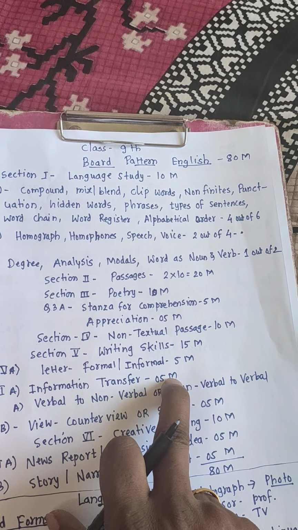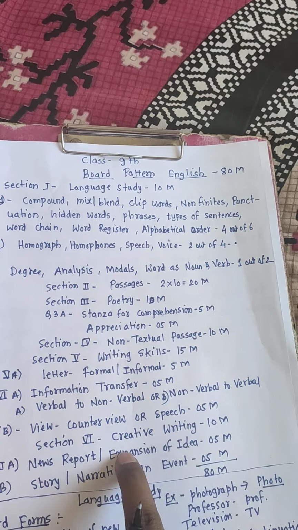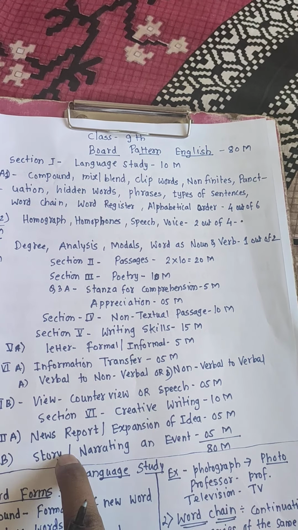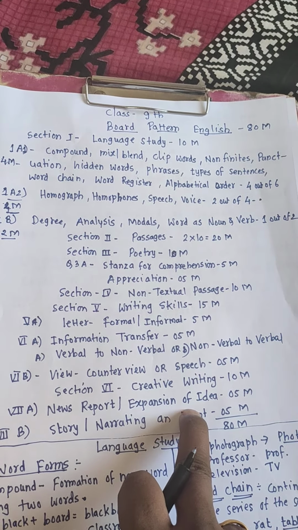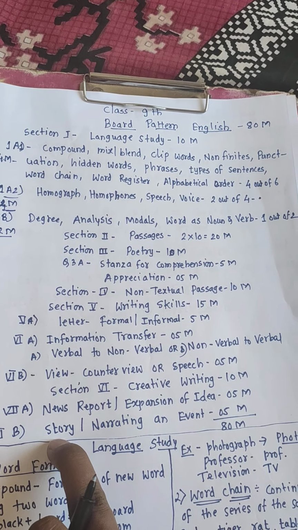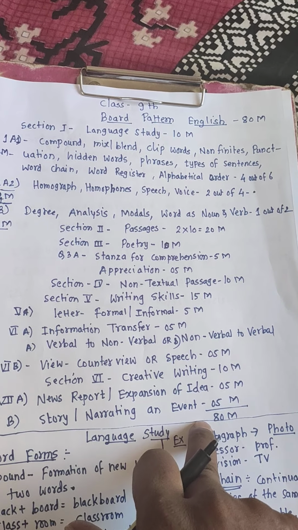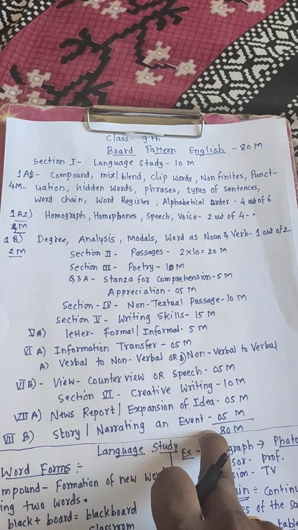Then information transfer, verbal to non-verbal, non-verbal to verbal. Then view, counter view or speech, and news report, expansion of idea, and finally story or narrating an event. Each question will carry 5 marks, and there will be an or question to each writing skill question.